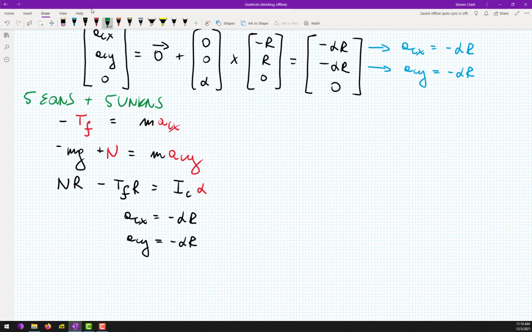Okay, so this is the solution. So alpha will be equal to something, TF will be equal to something, N will be equal to something, ACX and ACY will also be equal to something.